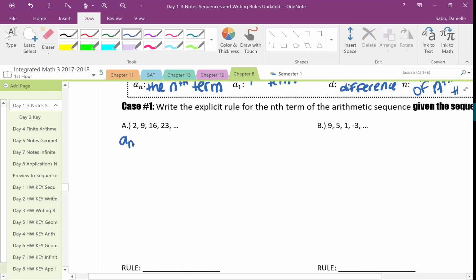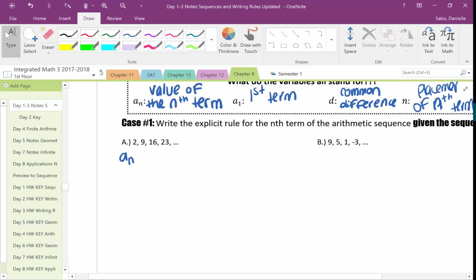And when you guys are doing these problems, instead of saying a sub n like I did, I would recommend saying, okay, the value of the nth term is equal to. Say them in your head when you're doing it, because then you'll start understanding what they are. Hopefully you got this. The more you write it, the better.